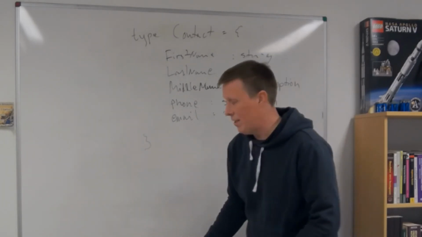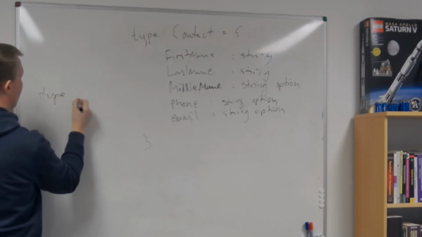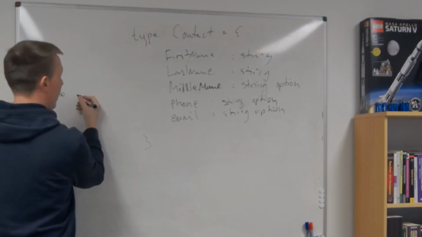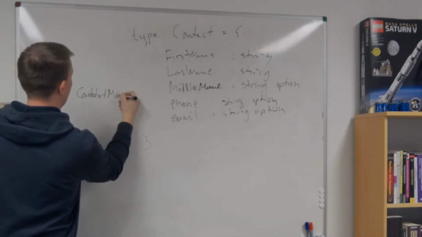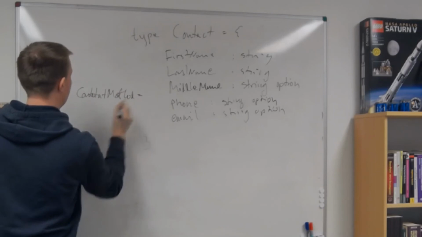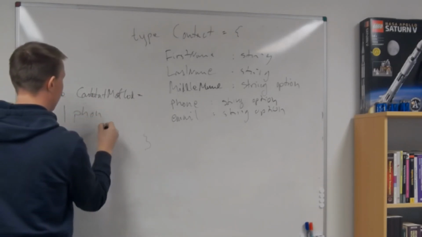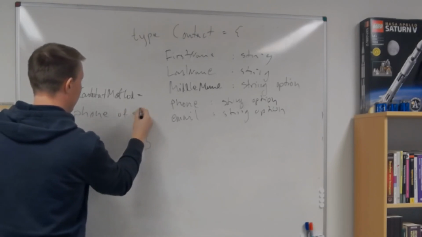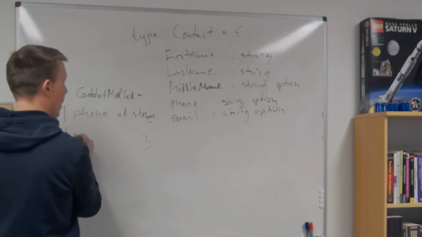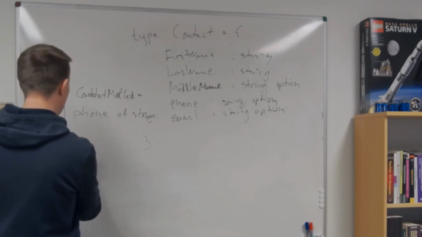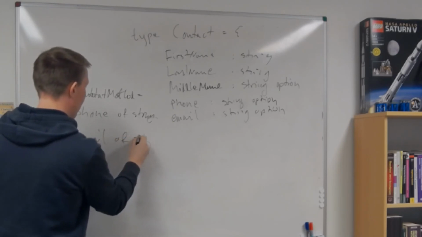So how would we solve this? Well, we could create a new type, which we could call contact method, and we can say, well, that can be either phone of string or it can be email of string.